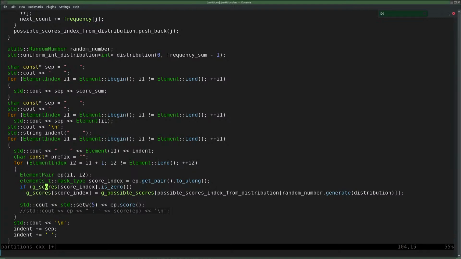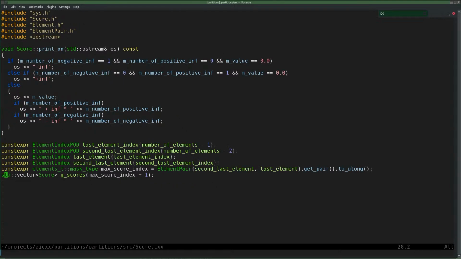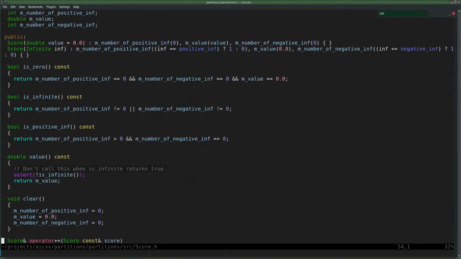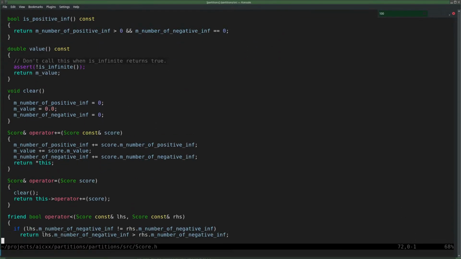Let's see, this is a G scores thing, a factor of score. Can add that. Just call plus equals on it.